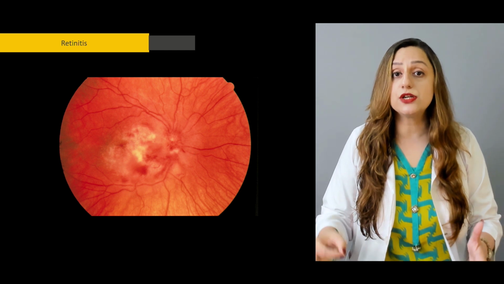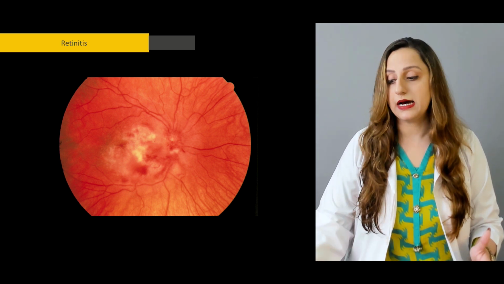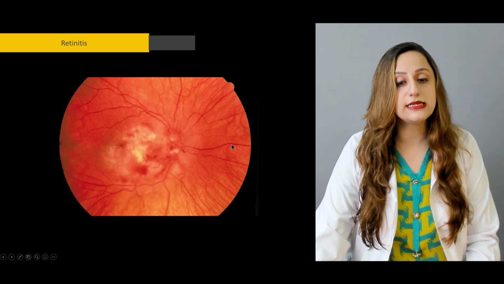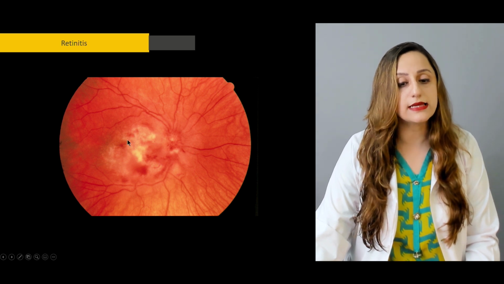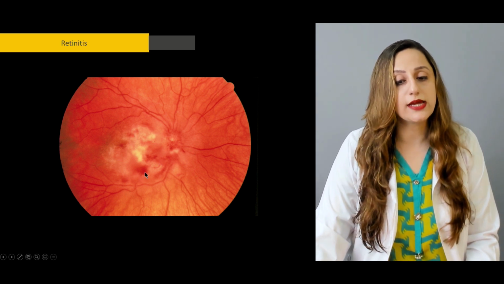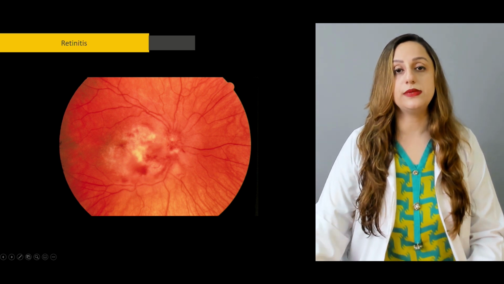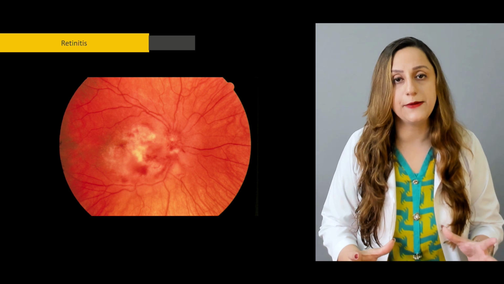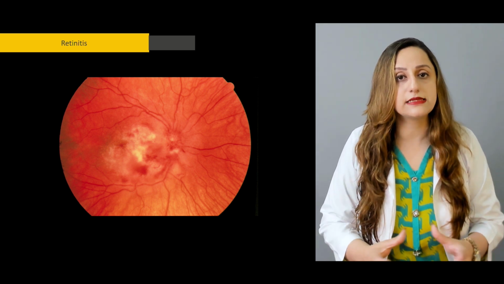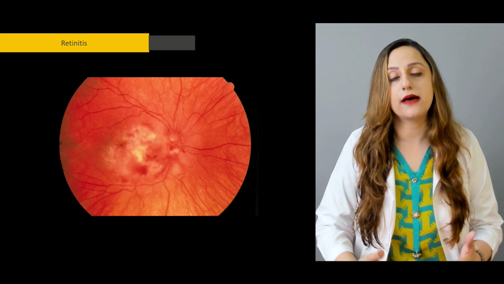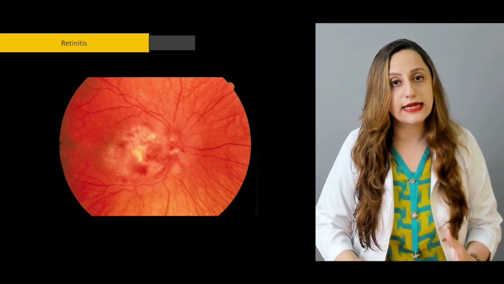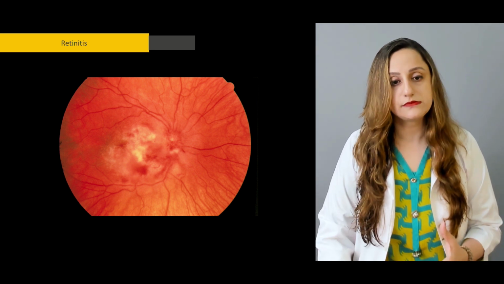We have the particular Roth spots that are quite visible. As you can see, these are the pigmentary layers, and these are sometimes quite visible in retinitis, and that mottled appearance indicates a condition also known as Roth's retinitis.